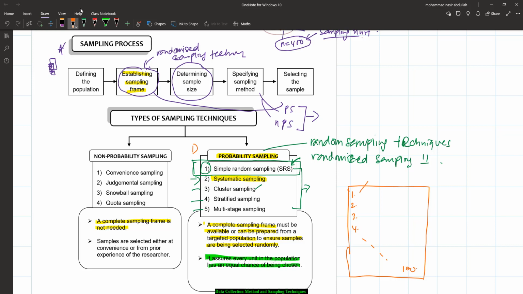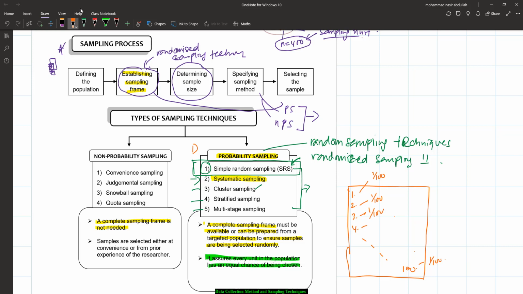Every member in the sampling frame has an equal chance, means that this one has 1 over 100 probability, this is also 1 over 100 probability, and until 100, 1 over 100 juga. So equal chance of being selected as a sampling unit, right?